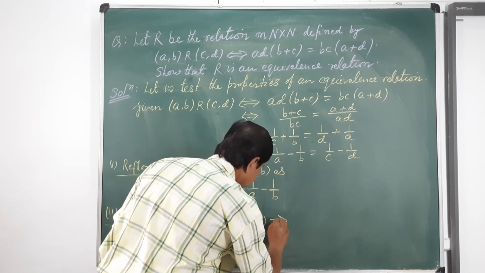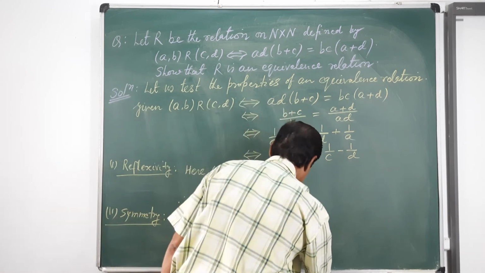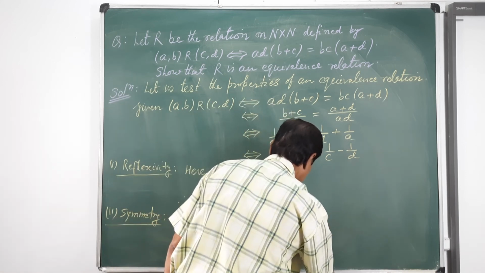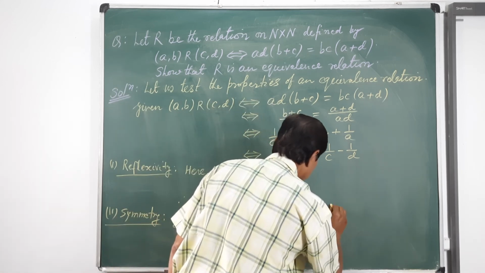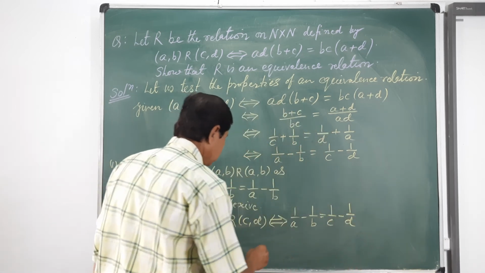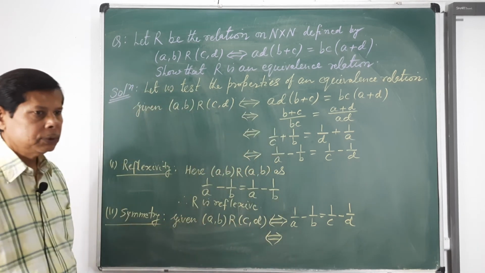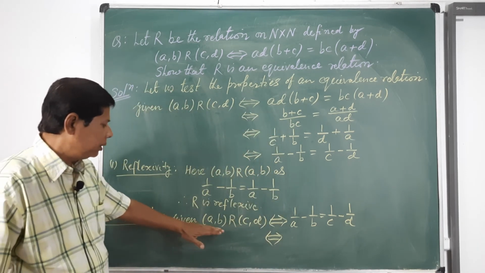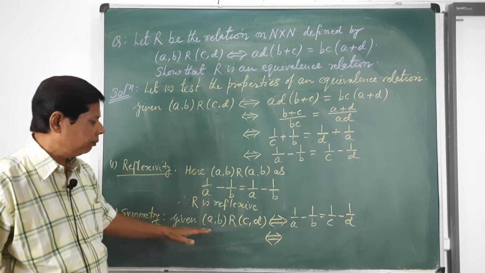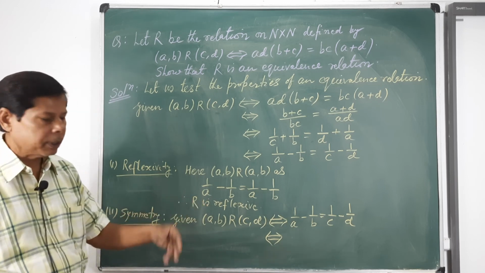Implies and is implied by, according to this definition, 1 by A minus 1 by B equal to 1 by C minus 1 by D. Now for (C, D) related to (A, B), we have to show that if (A, B) is related to (C, D), then it implies that (C, D) is related to (A, B), that means the symmetric property is satisfied.